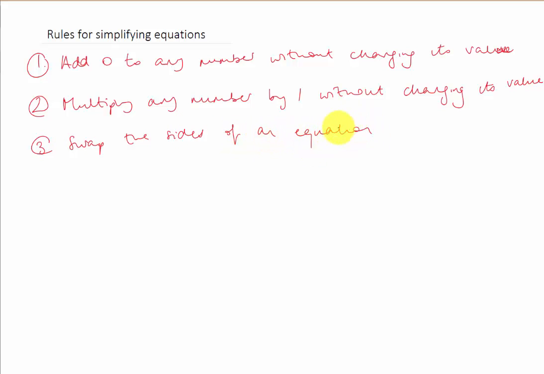What do I mean by that? Let's imagine we have 2x plus 3 being equal to 5, and that's equivalent to 5 equals 2x plus 3. Seeing as these things are equivalent, it doesn't matter what order we write them in.